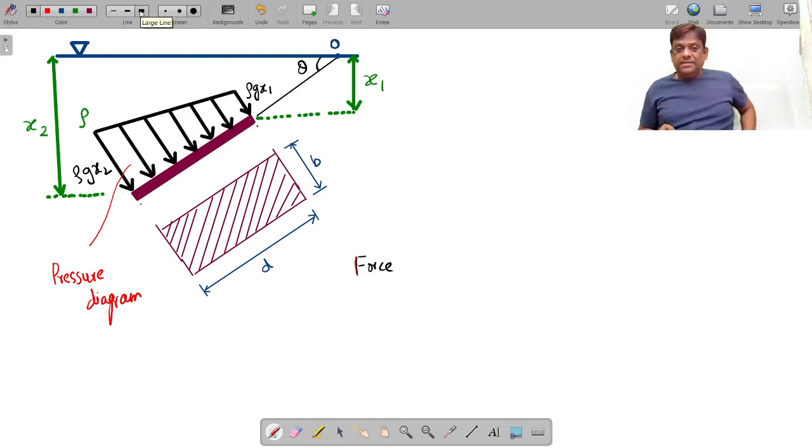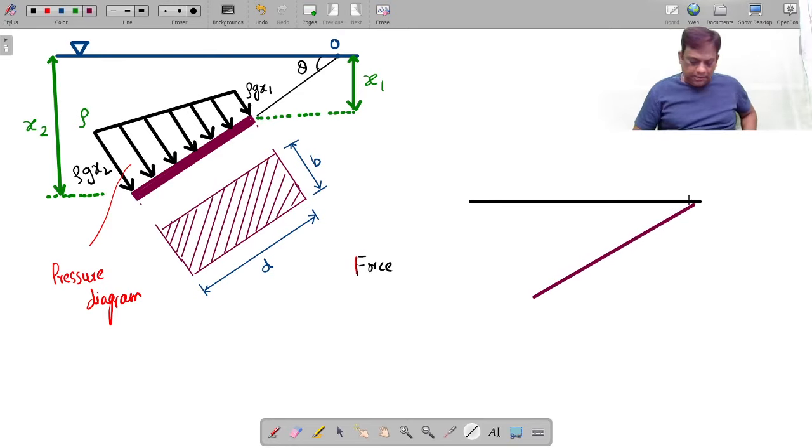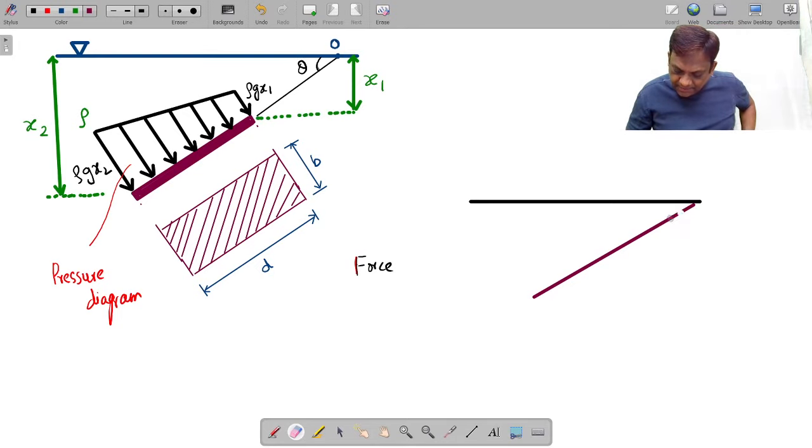Please observe here. Understand very carefully. Let us take a free surface. Okay, and we'll take our object. This is our object, and this is making an angle.